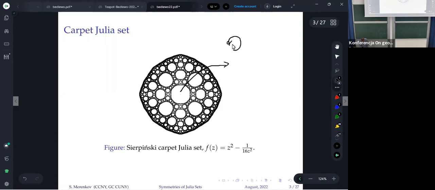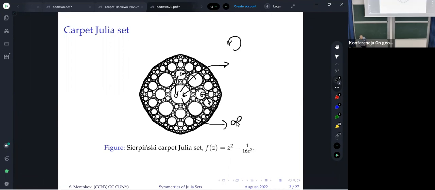I don't remember if I drew this correctly, but whatever Fatou component you take, eventually it gets mapped here and then spit out, and then fixed. So this is one example of a Julia set.